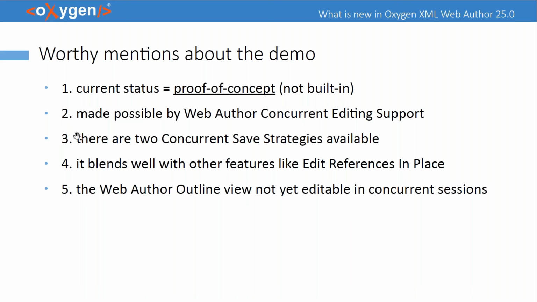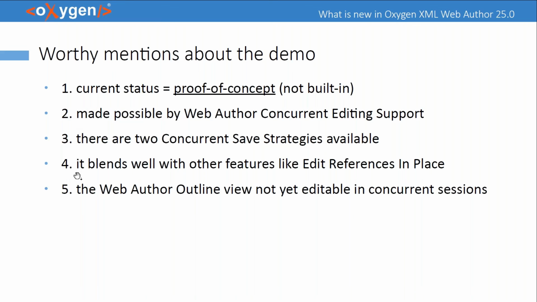So when saving, a user can either save all changes made by all peers within the concurrent session, or the application can be configured to make an individual commit for each user, for each change.